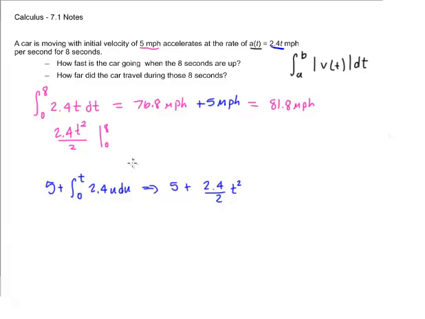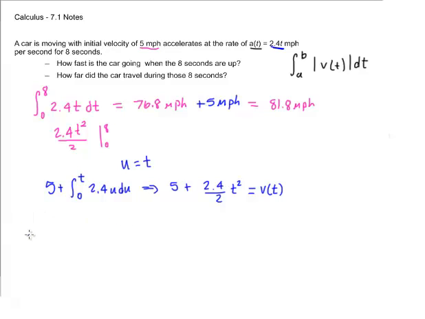Basically what we're doing is we're just going to let u equal t. That's kind of what's going on here. All right, and so this gives me a velocity. Once I've got a velocity, then I can integrate that to get my total distance.